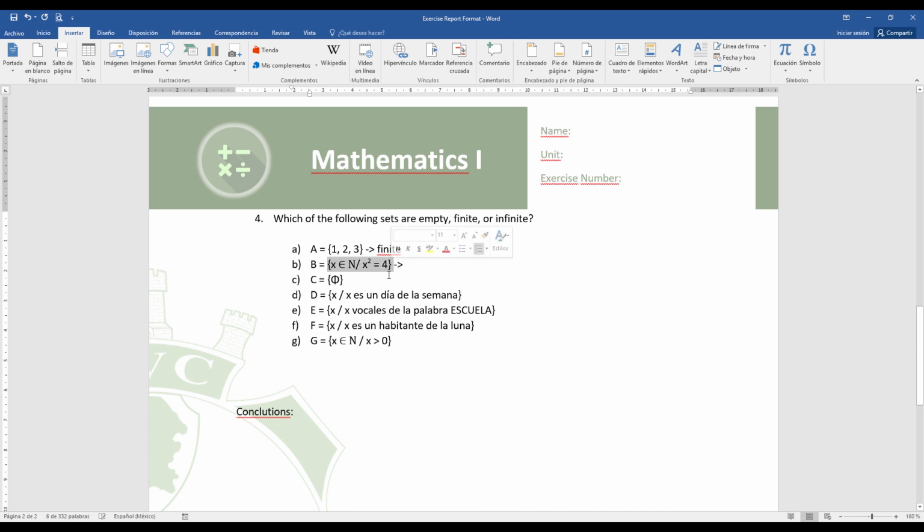Here only one number exists whose square is 4. It's 2. It has only one element, so it's finite. In that case, you remember the symbol phi. What does it mean? That it is empty. So you need to define what kind of set exists in those samples.